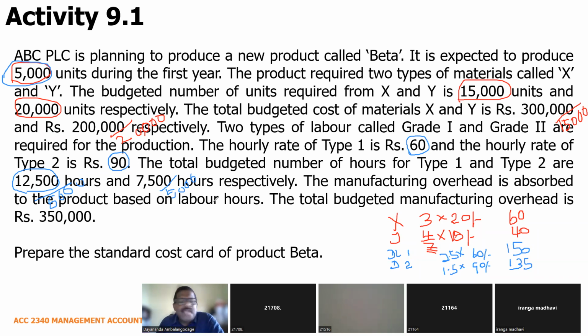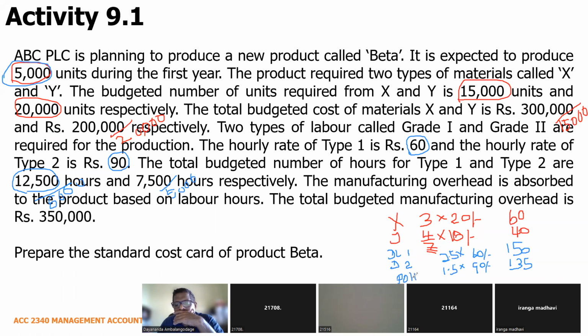The manufacturing overhead is absorbed to the product based on labor hours. The total budgeted manufacturing overhead is 3,500. Now manufacturing hours is 305. So what is the production overhead absorption rate? Production overhead rates.